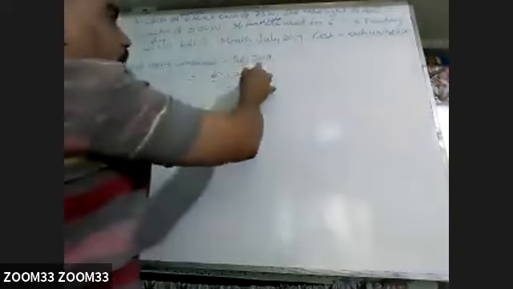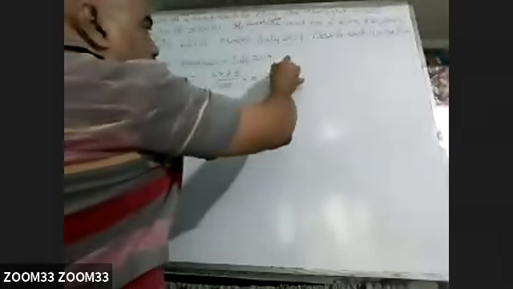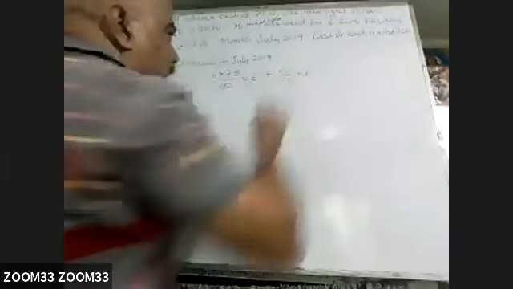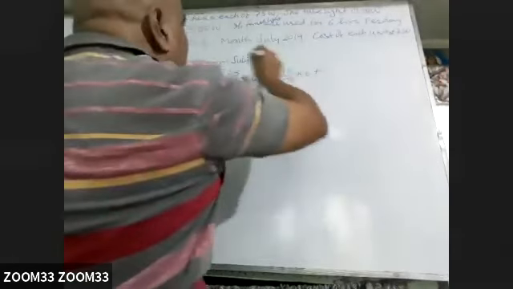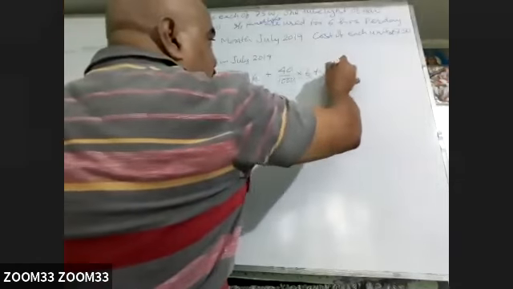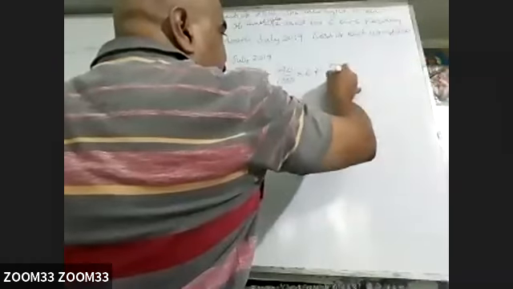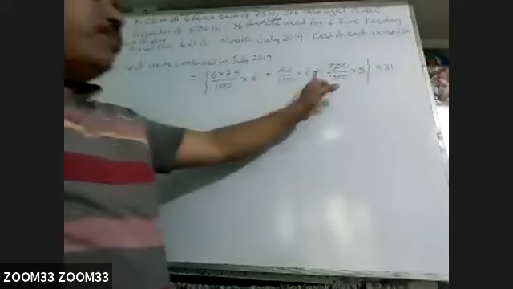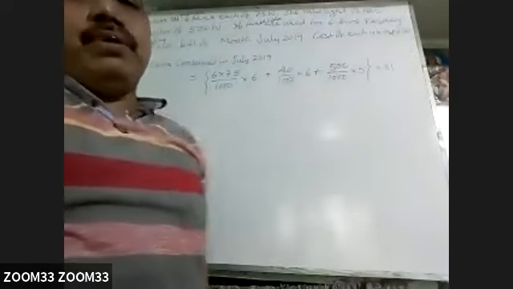So here the fans are running for 6 hours, plus the 40 watt of the tube light is also 6 hours, plus this projector of 500 watt is of 5 hours, into 31. This is 6 hours per day, 6 hours per day, 5 hours per day. Then into number of days will be multiplied.